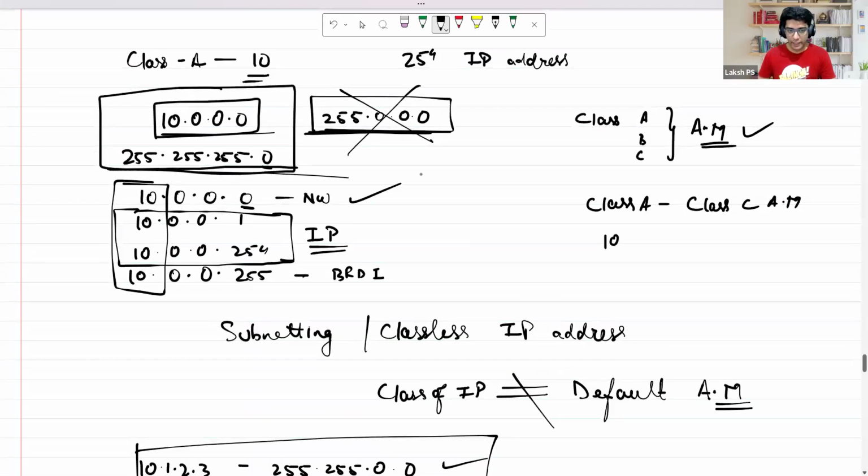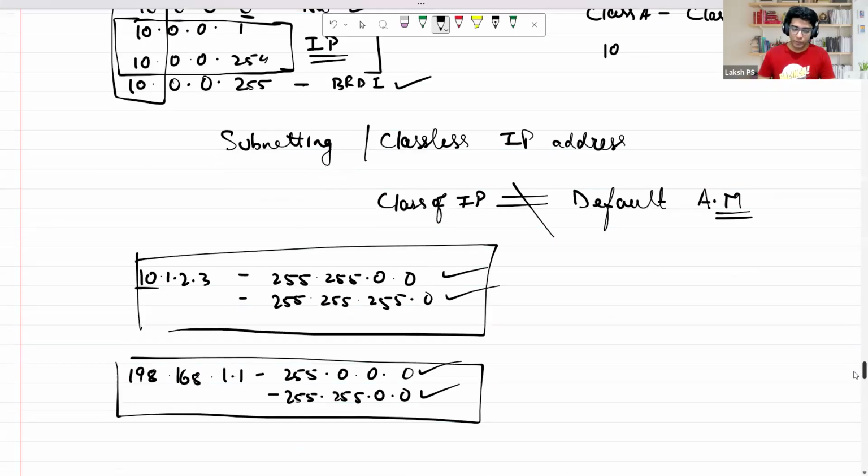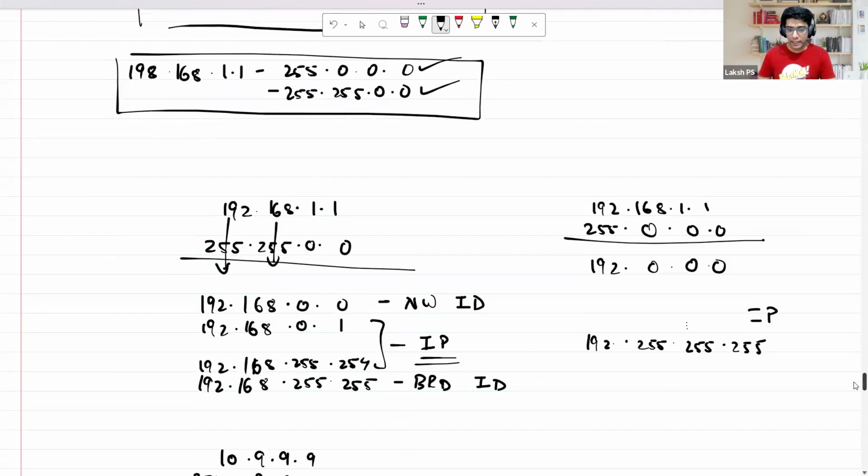You will have a network ID, a broadcast ID, and the usable IP addresses as well. So we discussed why it was required, and also how to calculate the network ID, the broadcast ID, and the usable IP address range for a classless address mask as well.